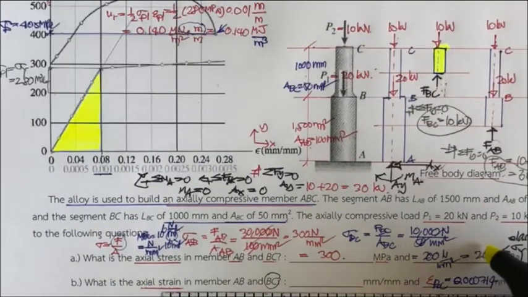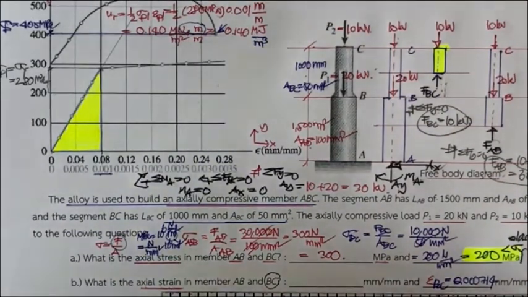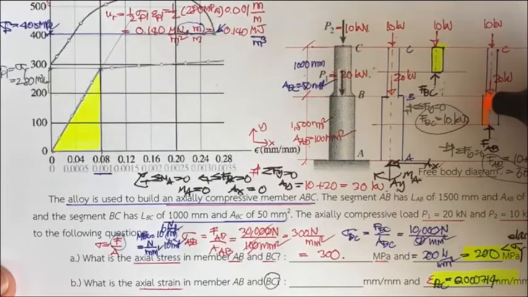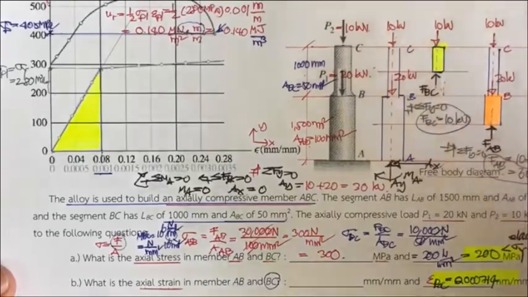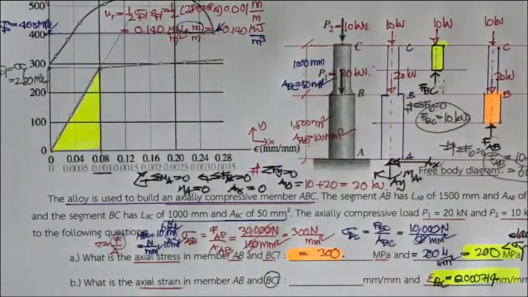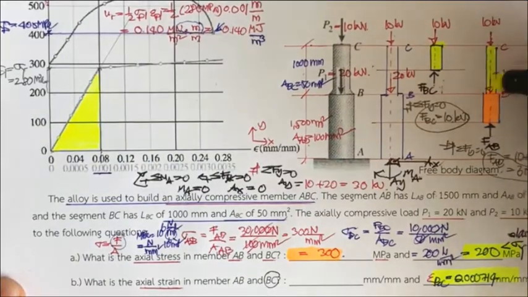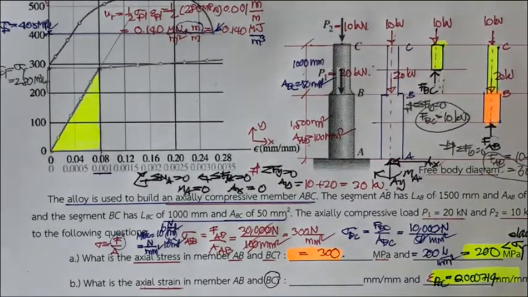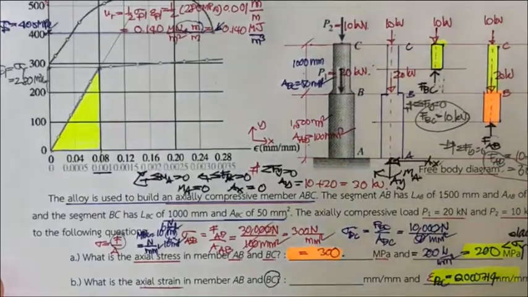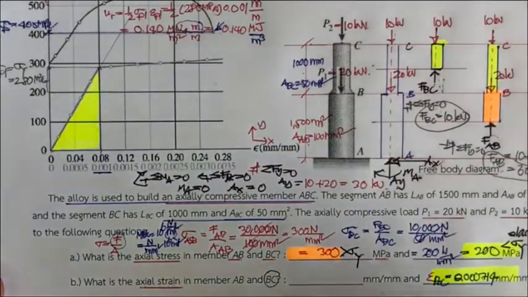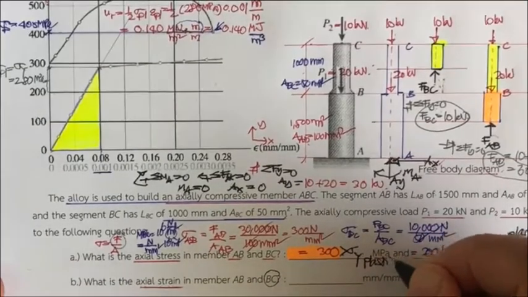Okay, we got the stress of 200 megapascal, we got the strain of this, and then we have the portion AB. The portion AB has the stress of 300 megapascal, which is larger than sigma sub y, and this behavior is going to be plastic.